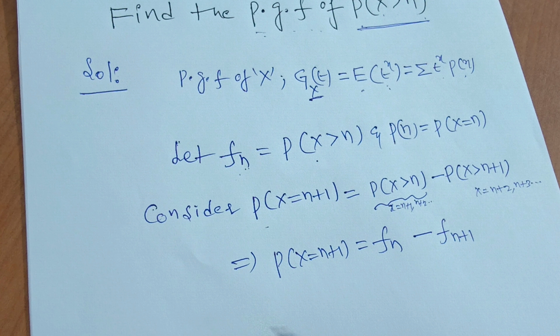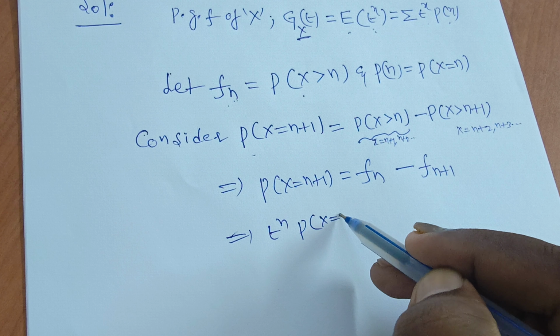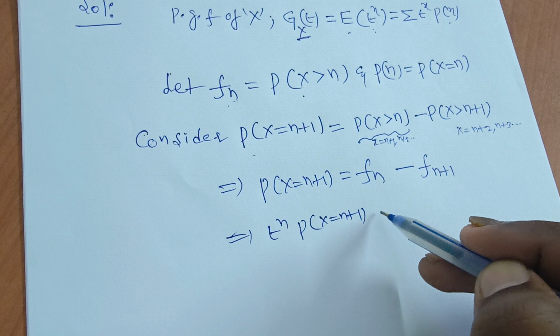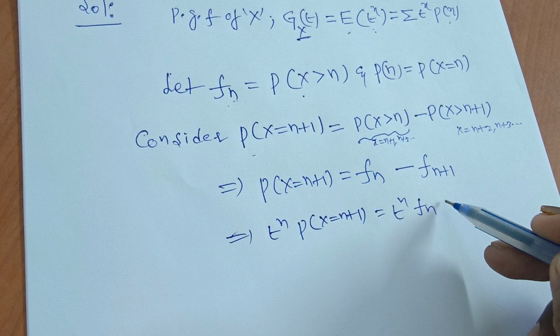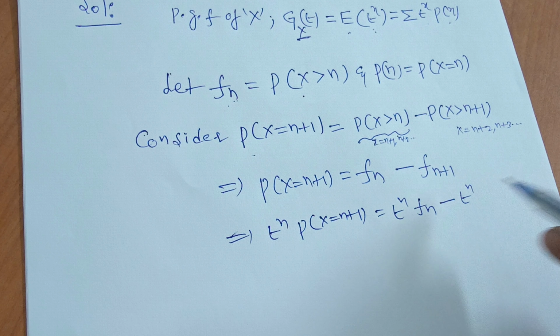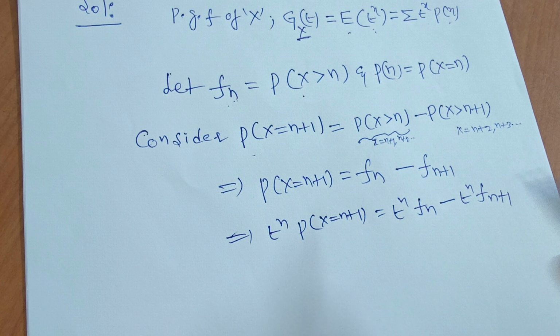Now multiply t power n on both sides. t power n into p of x is equal to n plus 1 is equal to t power n into f suffix n minus t power n into f suffix n plus 1.